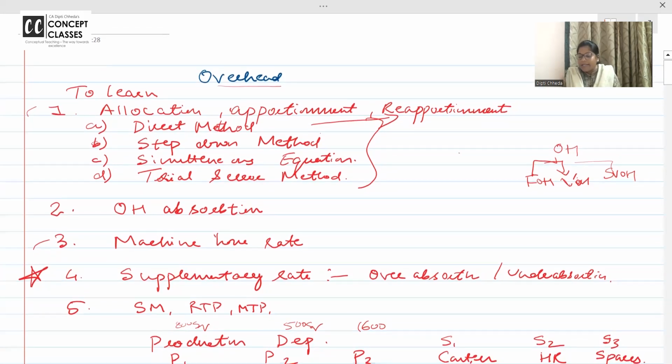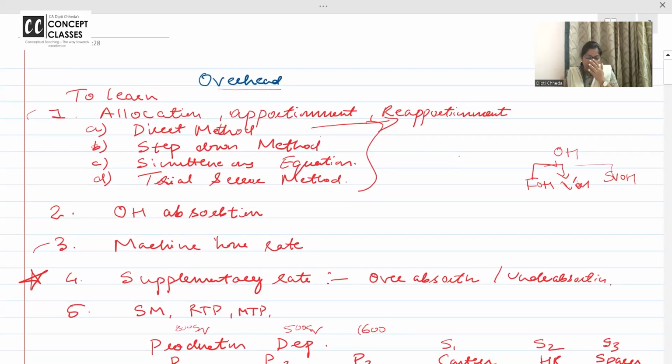Now in this chapter, we first have four different methods of allocation and all. Then we have the machine hour rate. Then we have how to treat under and over absorption. I'll tell you, dear students, under and over absorption problems are asked for 5 marks repeatedly in question number 1 and other questions, and it's super scoring.